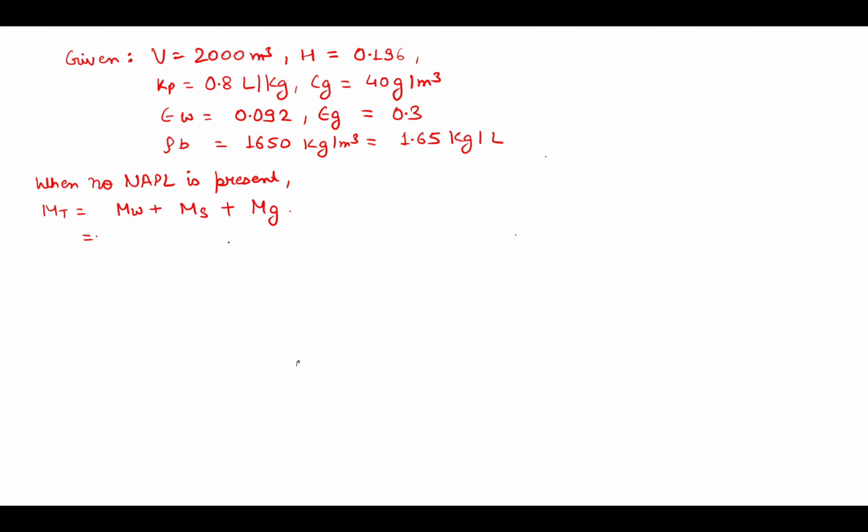So by arranging all the expressions, the final expression will be V C_G, porosity of water by Henry's constant plus bulk density into partitioning coefficient by Henry's constant plus porosity of gas. So this expression was derived in the lecture video. So please go through the derivation of this expression there.